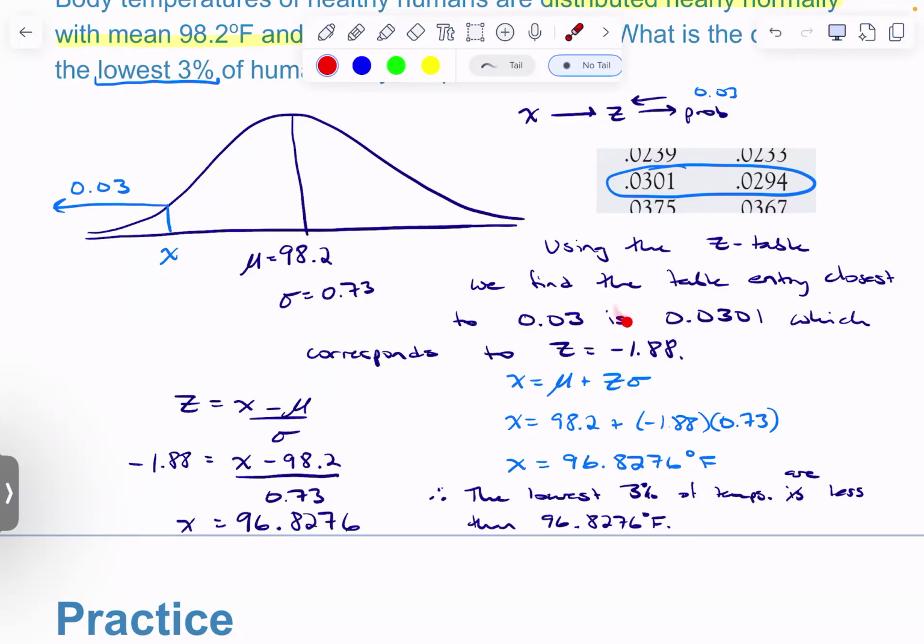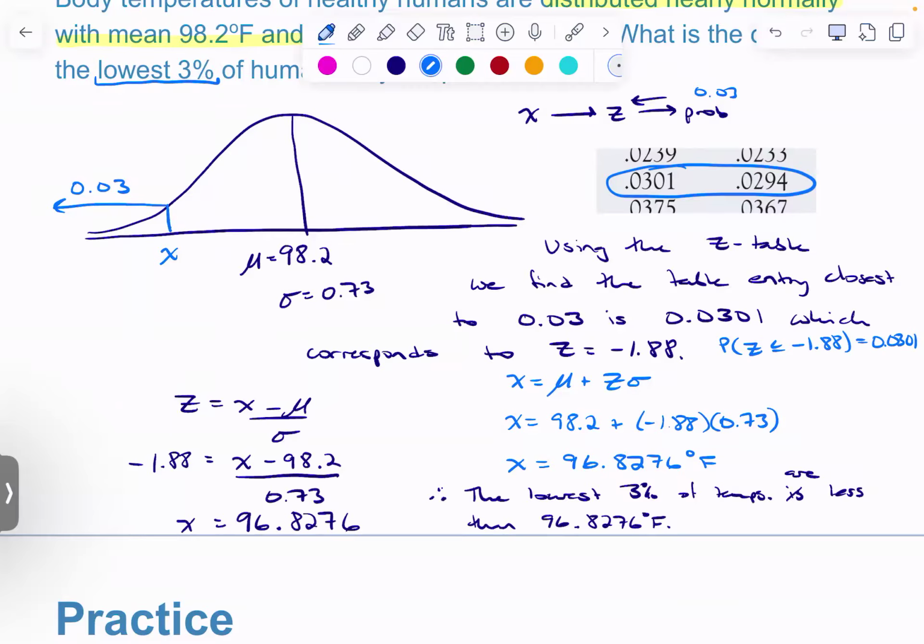Just trying to think if there's shorthand for this that I want you to use. Technically you could use the same shorthand. I suppose the probability that Z is less than or equal to negative 1.88 is 0.0301.